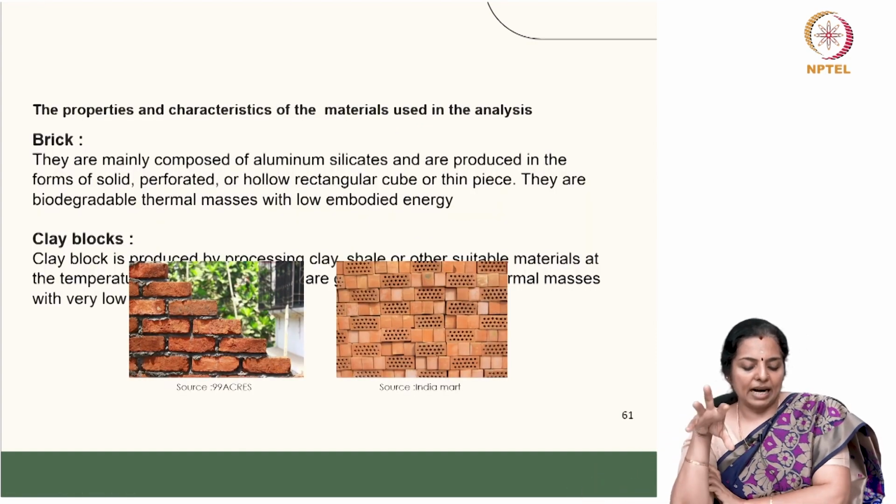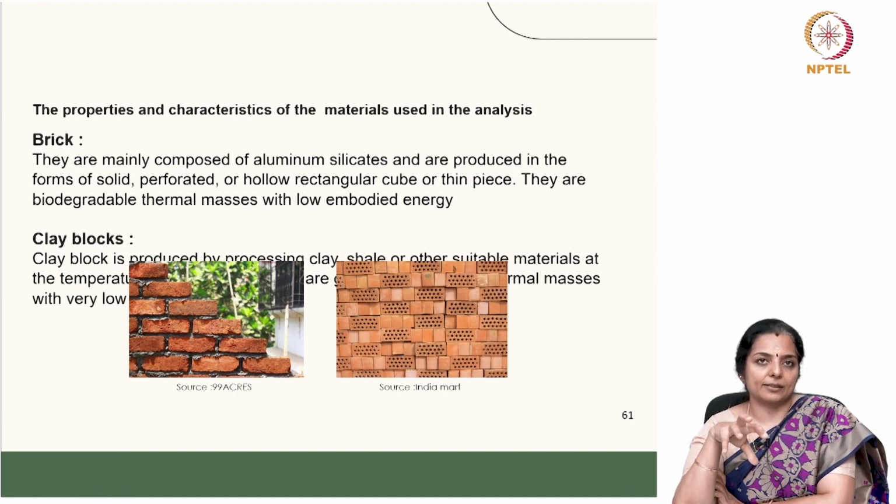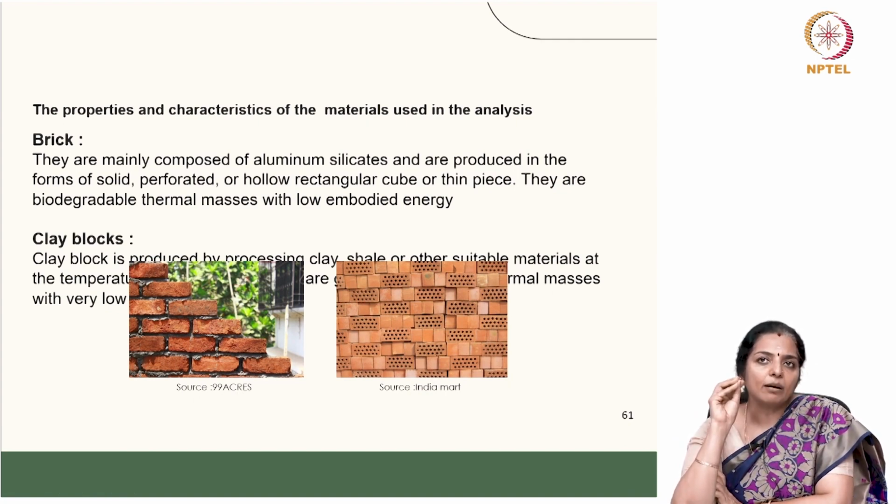Now, we will understand some small basics. Bricks are mainly composed of aluminum silicate and are produced in the form of solid, perforated or hollow rectangular cubes or thin pieces. These are biodegradable thermal masses with low embodied energy.